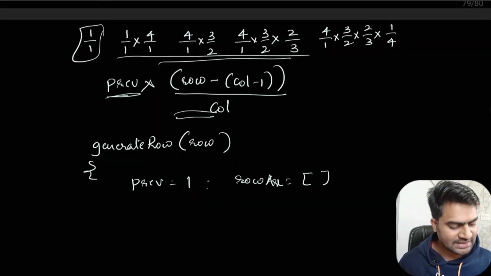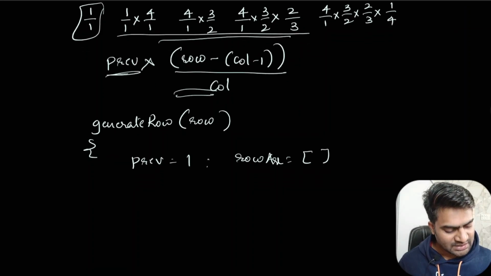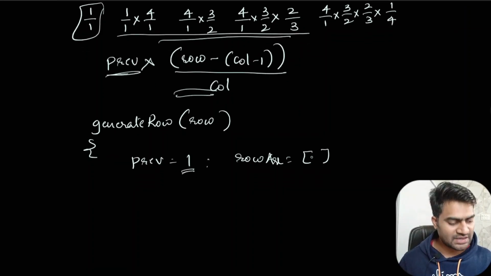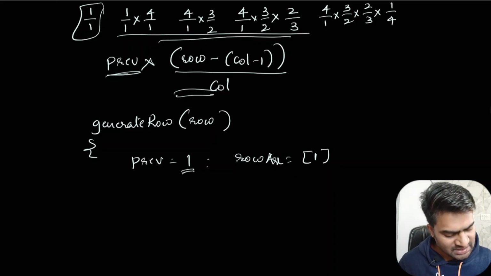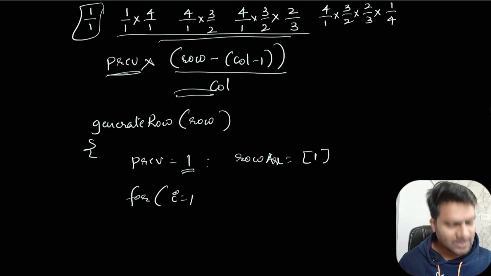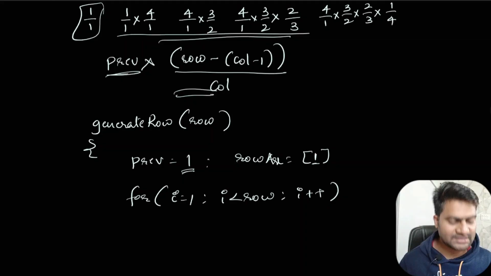Now I will push this 1 to the row array, initializing the previous value with 1. Now I say i equal to 1. I won't start from 0 because the 0th value we already have, which is 1. i equal to 1, i less than row, i plus plus.